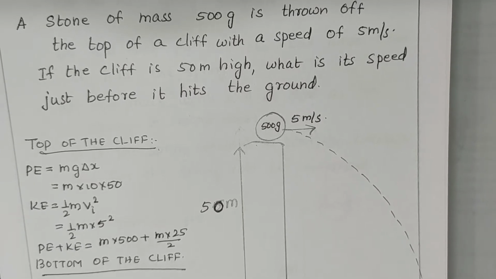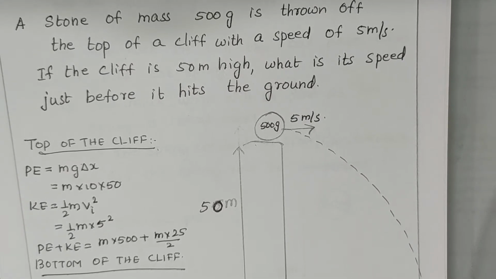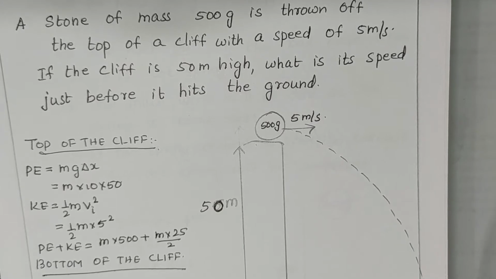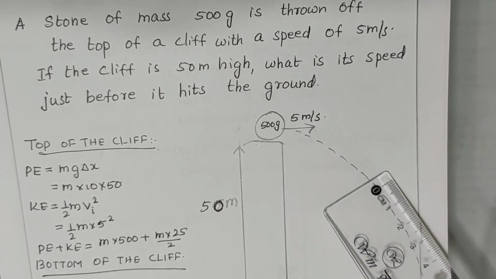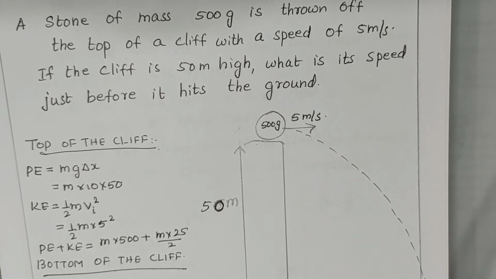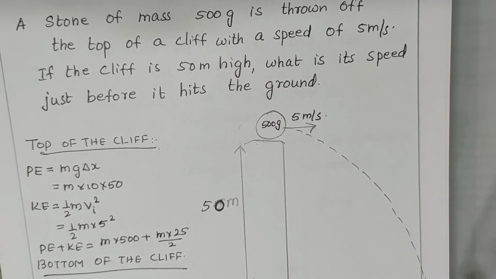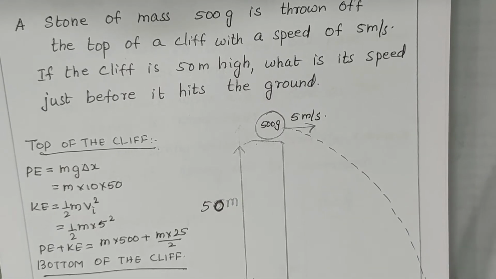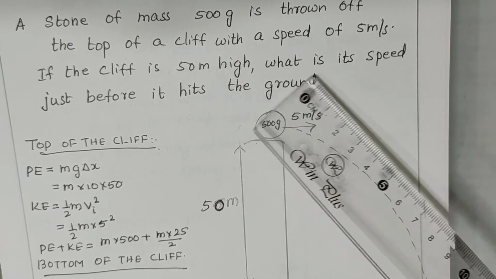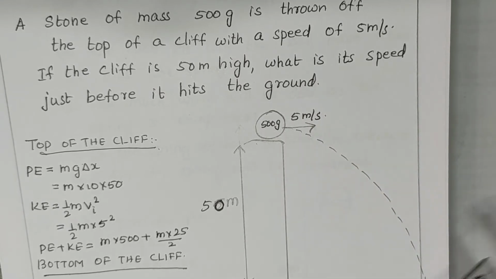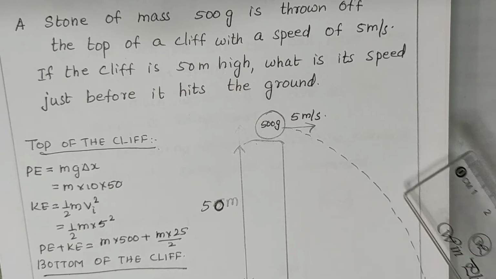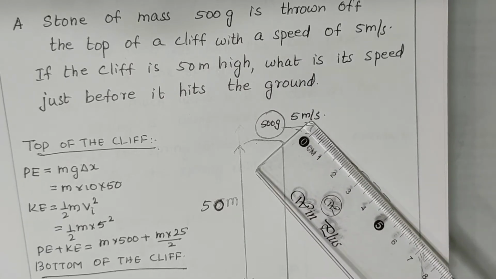So, here in this question, a stone of mass 500 gram is thrown off the top of a cliff with a speed of 5 meters per second. If the cliff is 50 meters high, what is its speed just before it hits the ground? Now here we are provided with the initial velocity.